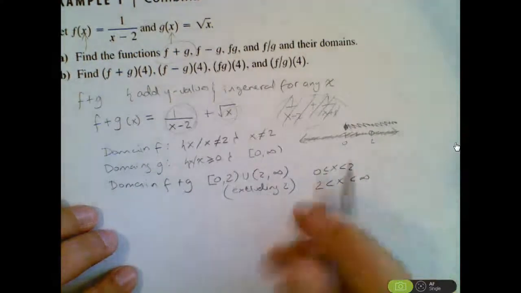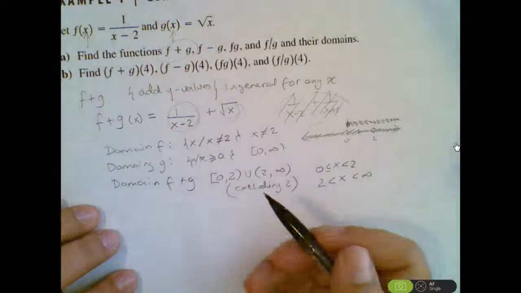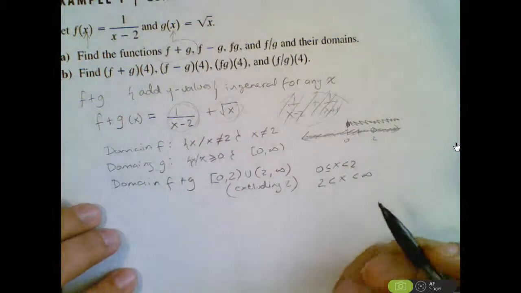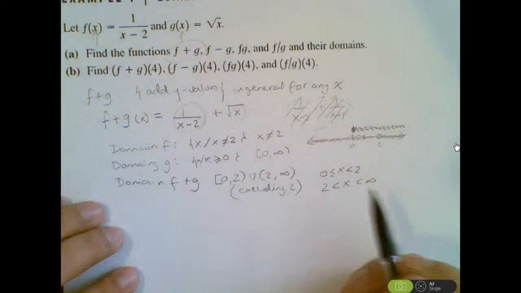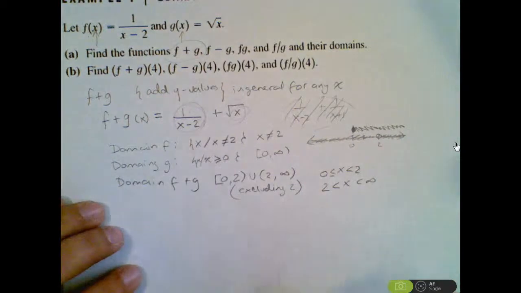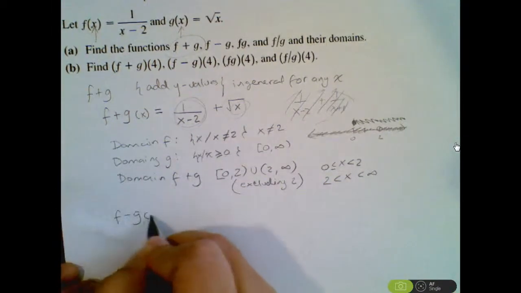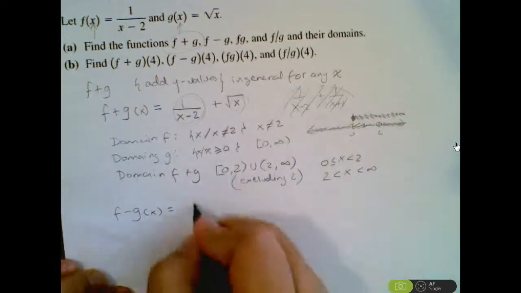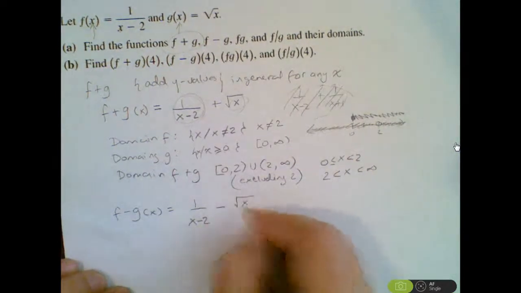Either way, it's fine. Now, this will be the same domain for f minus g. It will be the same domain for f times g, and it will be the same for f divided by g, as long as we make the denominator different from 0. So let's figure out what f minus g is. F minus g equals 1 over x minus 2 minus the square root of x.